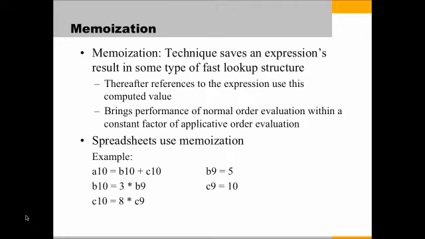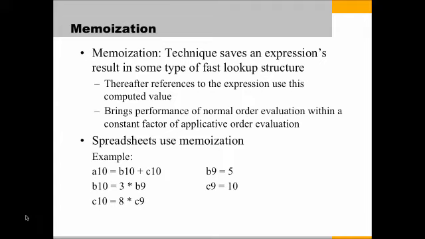Remember, with normal order evaluation, I could construct pathological situations where I may get an exponential number of evaluations. Think of a naive implementation of the Fibonacci sequence, which we went through in an earlier presentation. You get an exponential number of evaluations if you implement it naively.